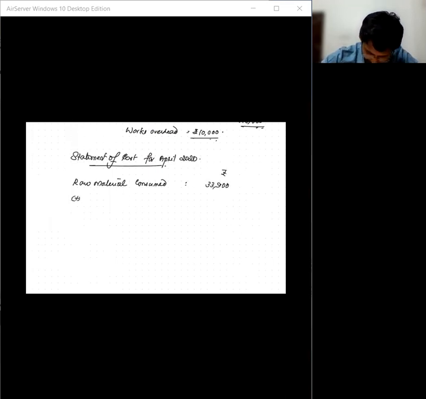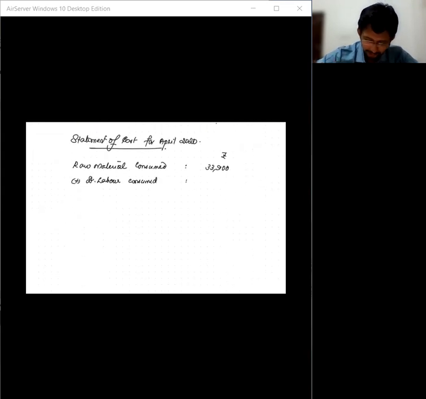With that, add direct labor cost, that is, what was the amount? 17,500. So you get prime cost. Prime cost will be 51,400.